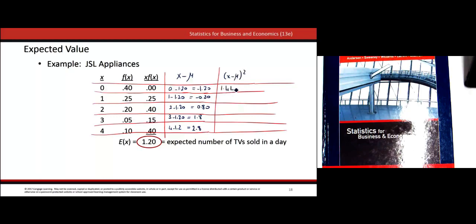Negative 1.2 squared is 1.44, 0.8 squared is 0.64, 1.8 squared is 3.24, and 7.84.